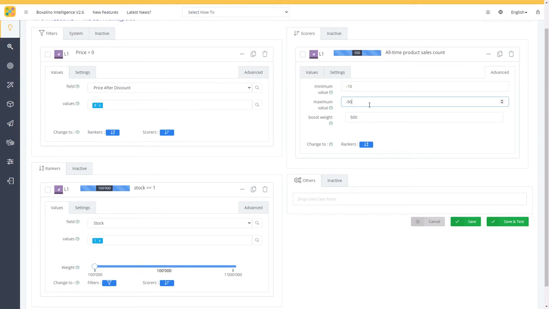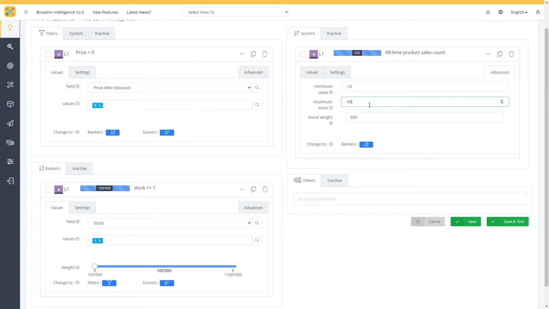Then the -90 is for the 90th percentile, which means that all of the products that have been sold in the top 10% will all receive the full points. They will all receive the full 500 points exactly, with no differentiation.